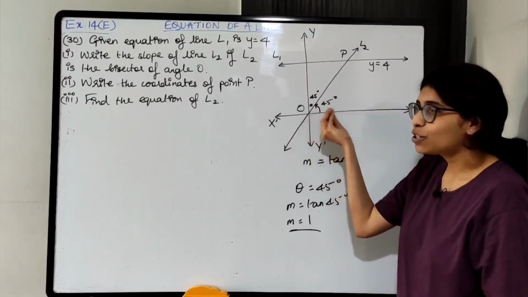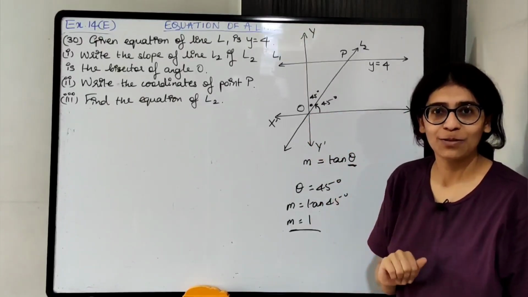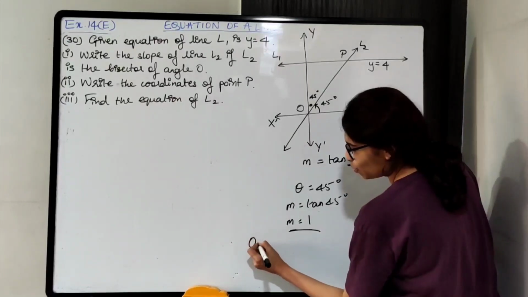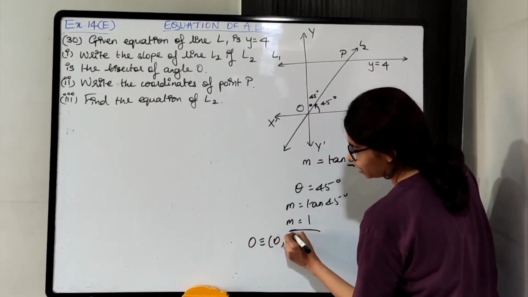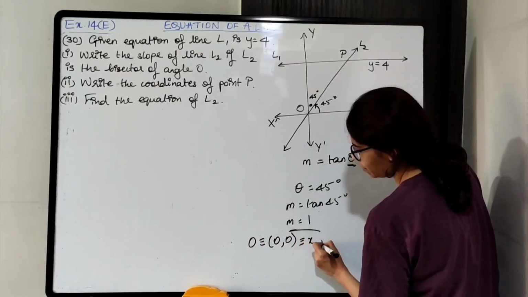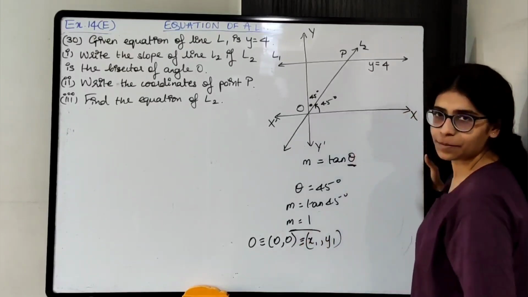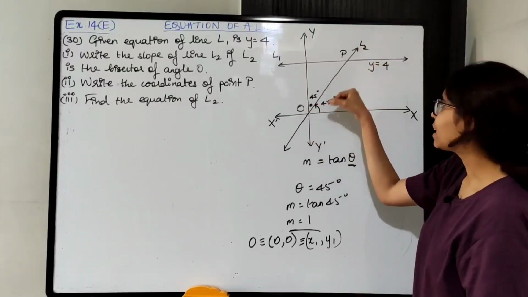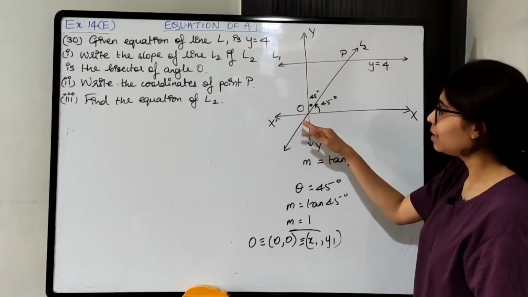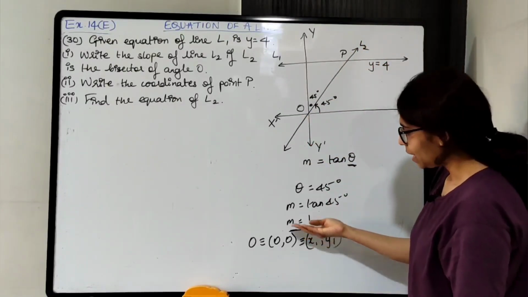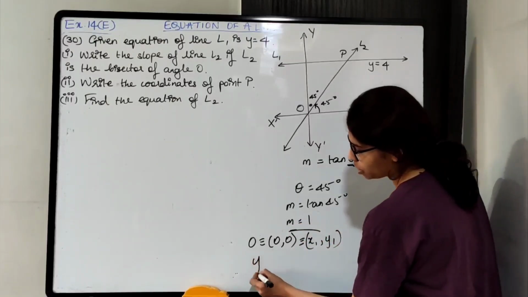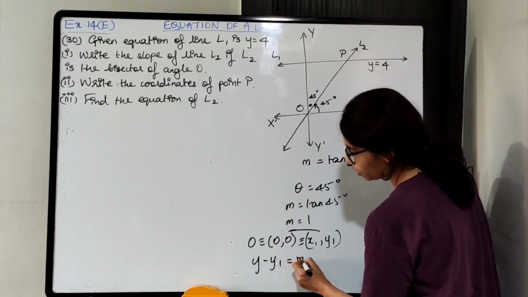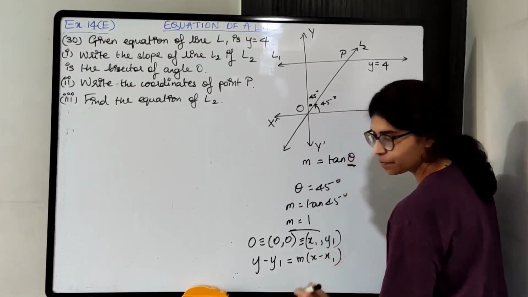So origin का coordinates क्या होता है, 0,0. So origin का coordinates है 0,0. This I'll take as x1, y1, right. So I know 1 point का coordinates which is lying on the line. I have the slope of the line, that is 1. I have M, I have x1, y1. Use the formula y minus y1 equals to m into x minus x1.